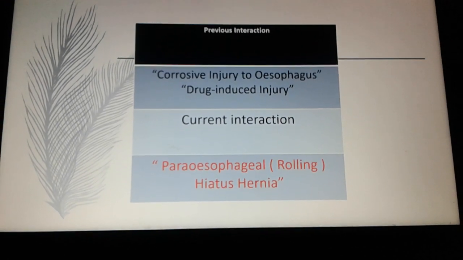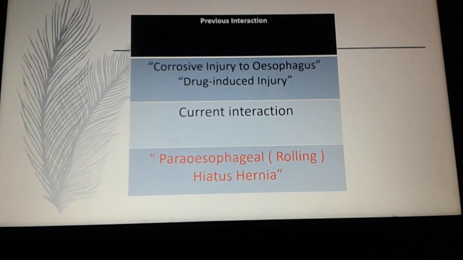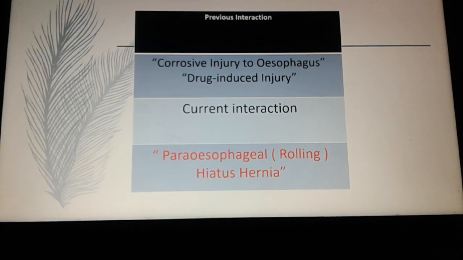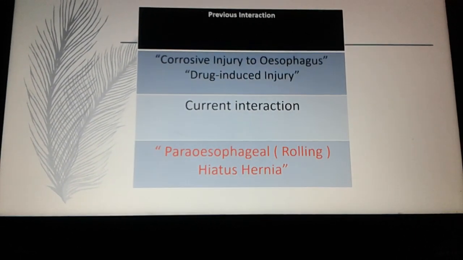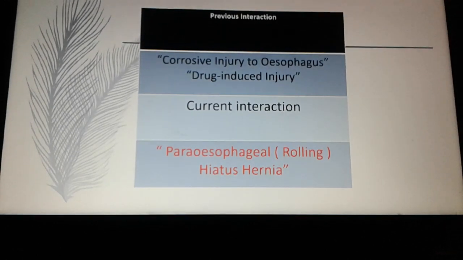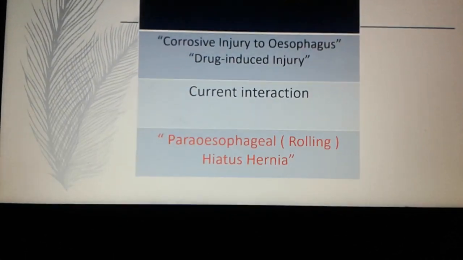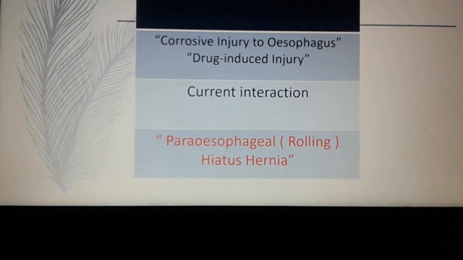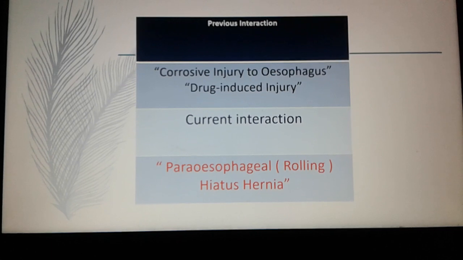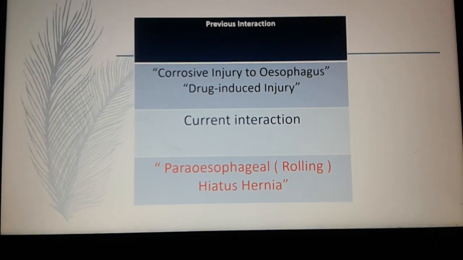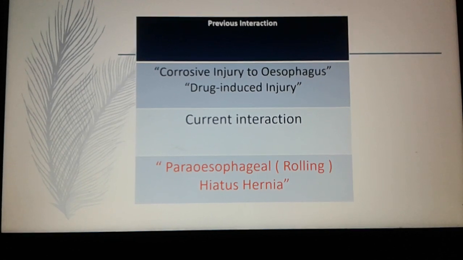In the last interaction, as you already know, we have discussed the corrosive injuries to esophagus and drug induced injury to esophagus. Now, let's start with the paraesophageal rolling hiatus hernia.